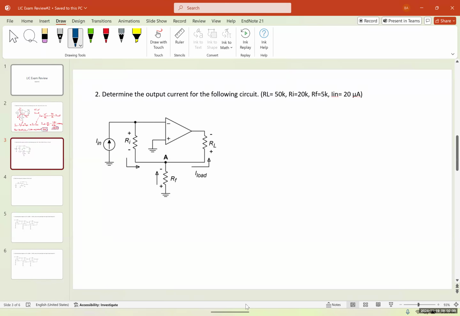Okay, did anyone solve this? Okay, you need more time.